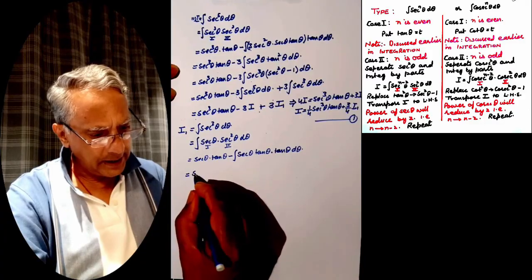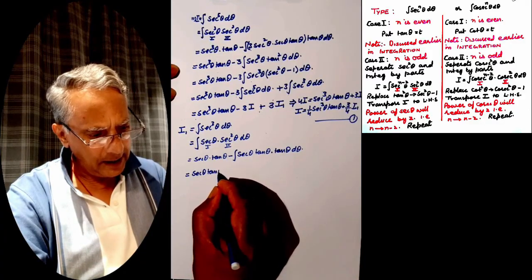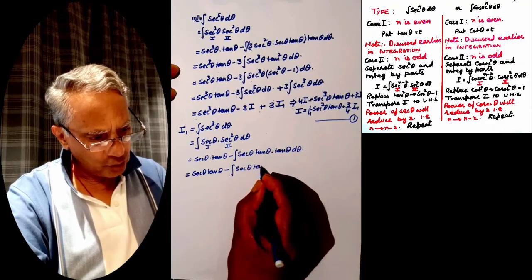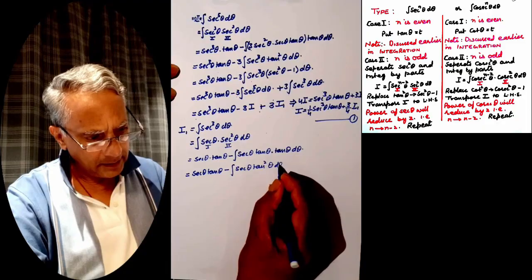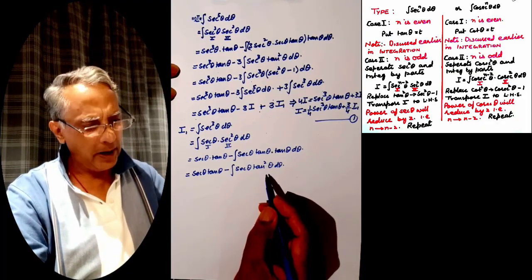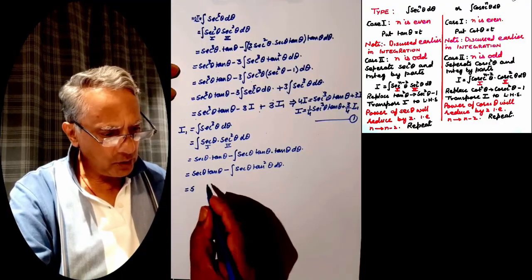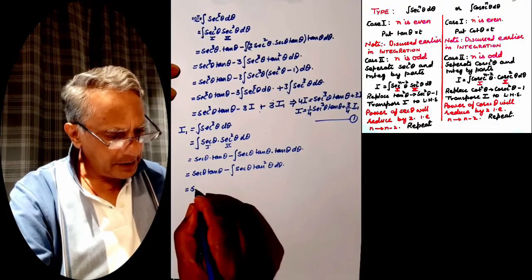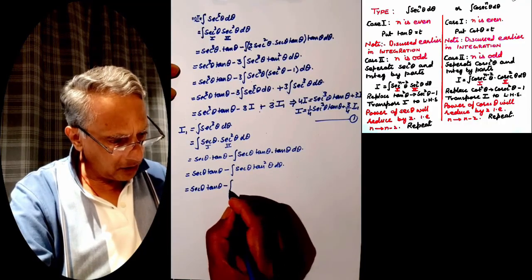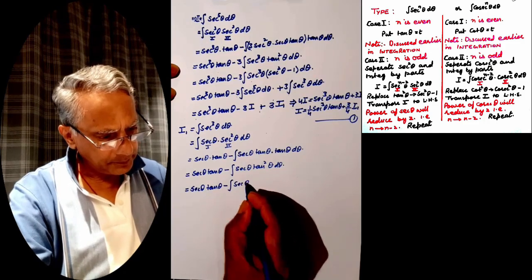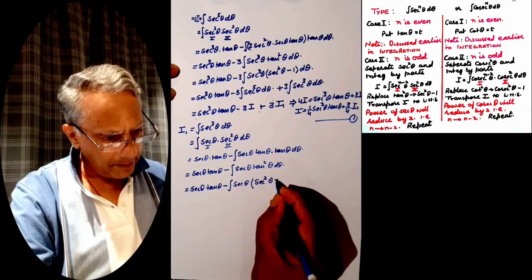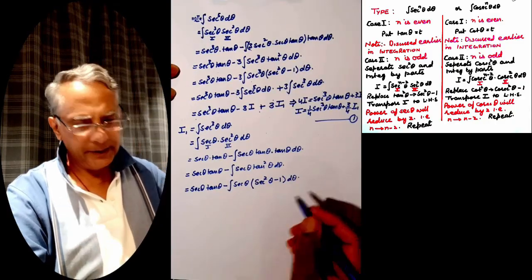This is equal to secant theta tangent theta minus integral of secant theta tan square theta. And here we will replace tangent square by secant square theta minus 1. So what we do is, you can see the side sheet. Secant theta tangent theta minus integral of secant theta into secant square theta minus 1 d theta.